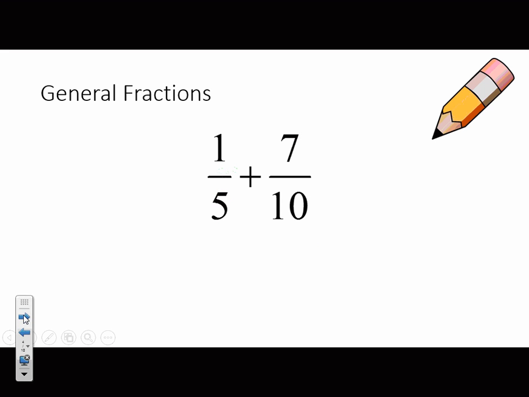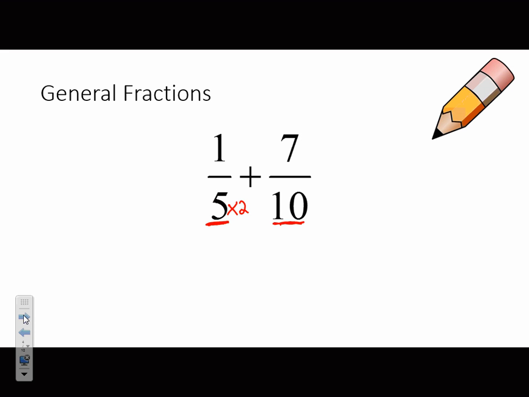So let's get this down first. A little refresher on our fractions. In order for us to add these, we have to have a common denominator. The first thing we're going to look at is our denominators. They're not the same, but we can ask ourselves, can 5 evenly go into 10? And the answer is yes. If we take 5 times 2, we're going to get 10.